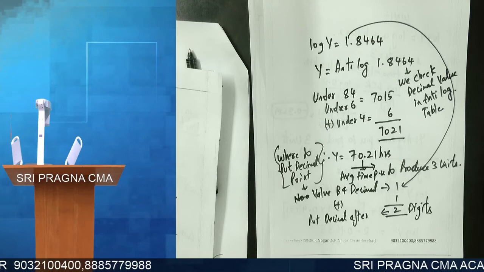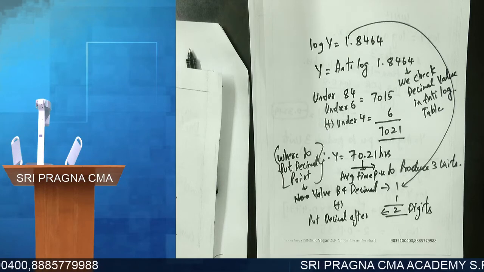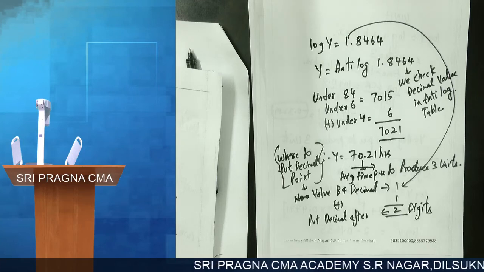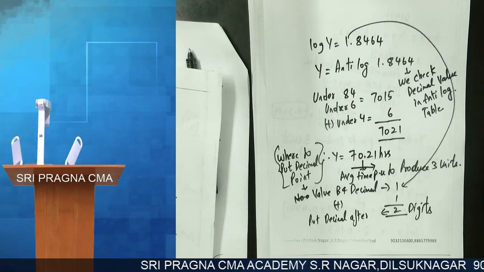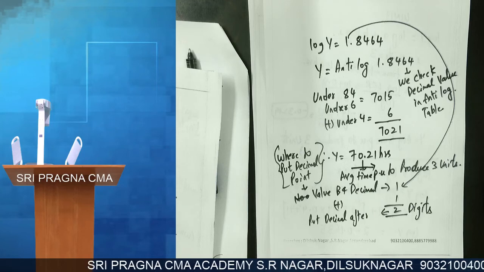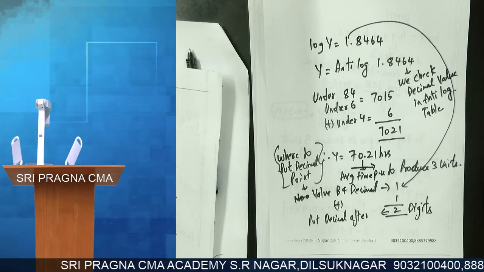Use your brains. If it is 2 point, how did he get 2 point? How many digits were there before? 3, and the decimal also after 3. That's the logic behind this. After doing this, start working note number 2 when the units are 5 and do it right now. Then we'll see the answer.